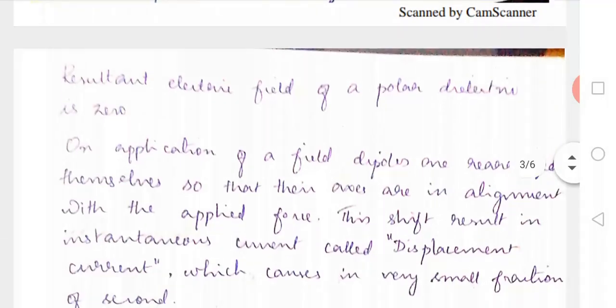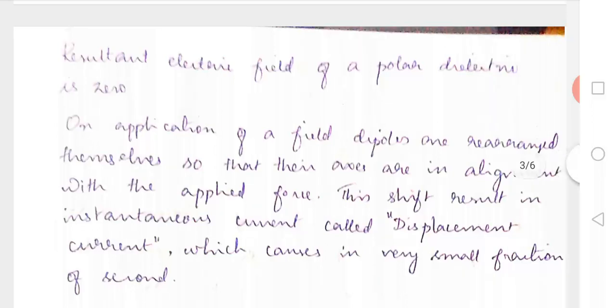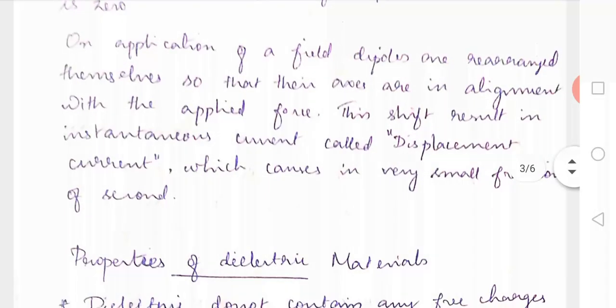On the application of a field, dipoles rearrange themselves so that their axes are in alignment with the applied force. This shift results in an instantaneous current, and that is called displacement current, which occurs in a very small fraction of a second.